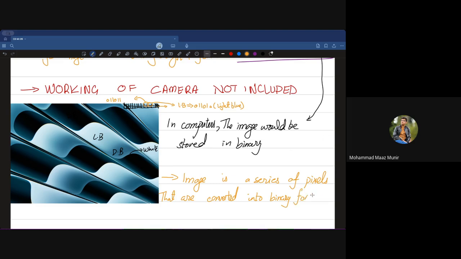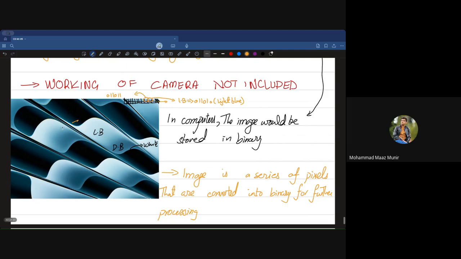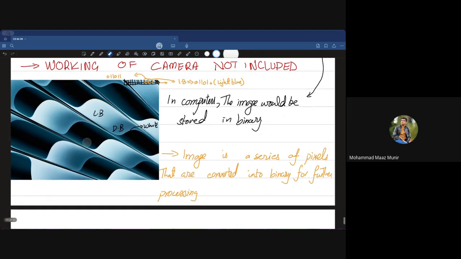This means that we have all these small boxes, and each of these boxes is converted into binary, and that binary is used for the purpose of, let's say, photo editing, or maybe if I want to make this orange. So what's happening is I'm manipulating this image, and all these functions are conducted by the computer based upon the specific binary value.